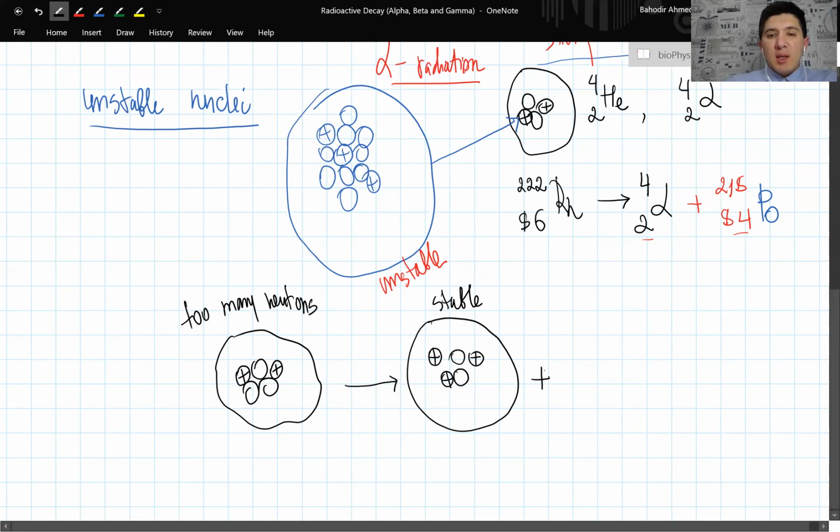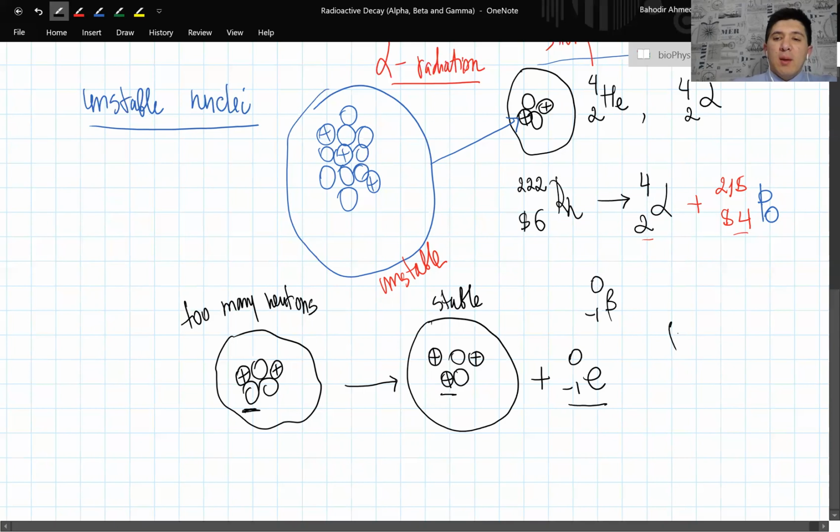In this case, it's going to emit an electron with a negative charge and with mass 0, which we also call a beta negative particle, because this positively charged proton with this negatively charged electron is going to give us the neutrally charged neutron, right? So this kind of radiation is called beta negative radiation, or beta negative decay.